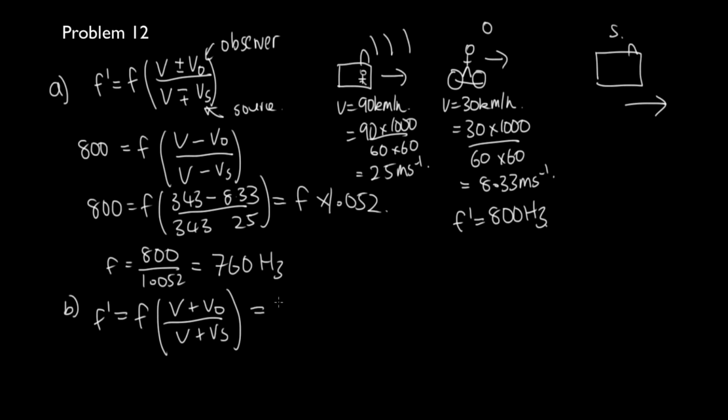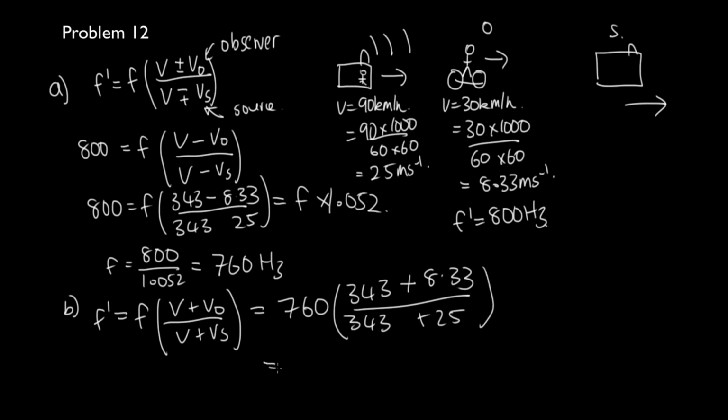And so substituting in 760, 343 plus 8.33 over 343 plus 25. Solving this on the calculator, we end up with 725 hertz. And so we can give this to two significant figures as 720 or 730 hertz. Either of those would be fine.